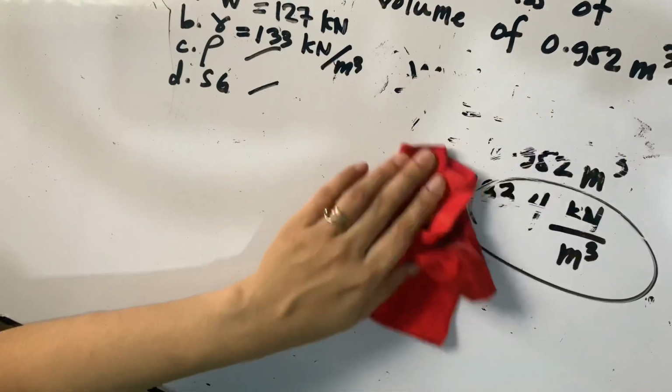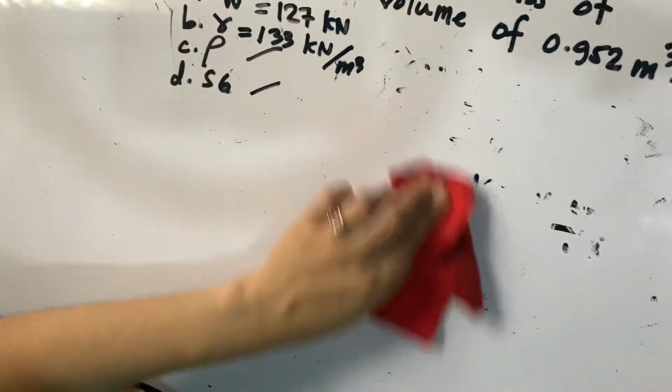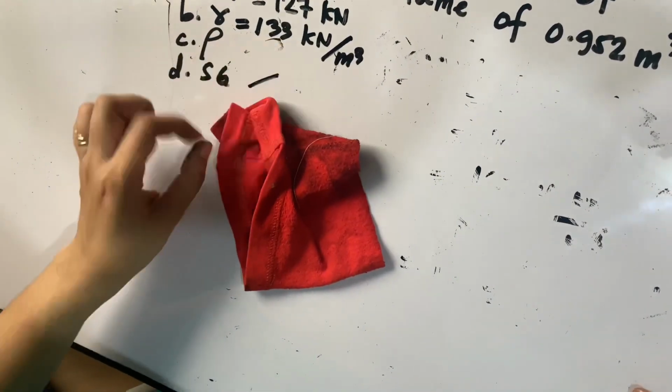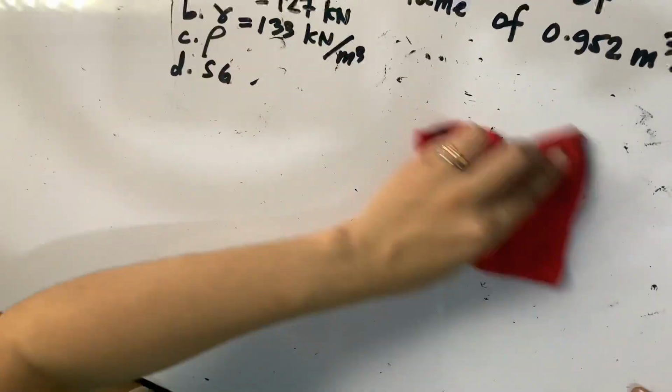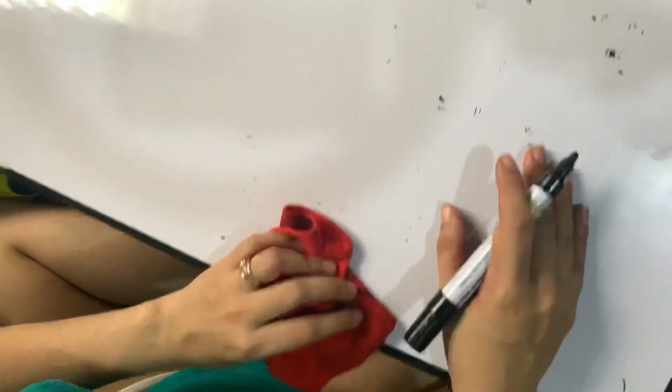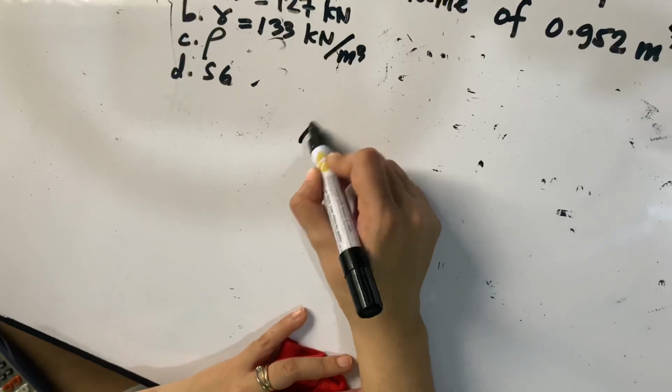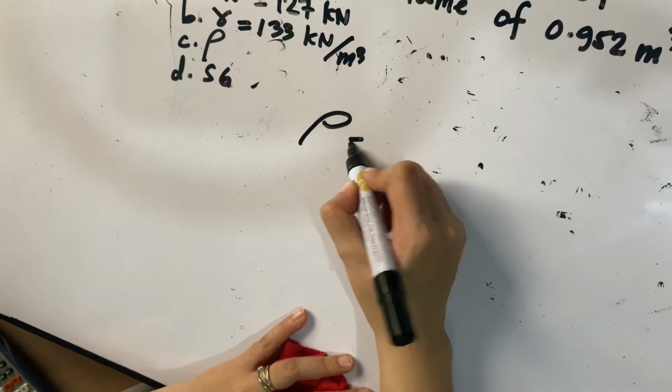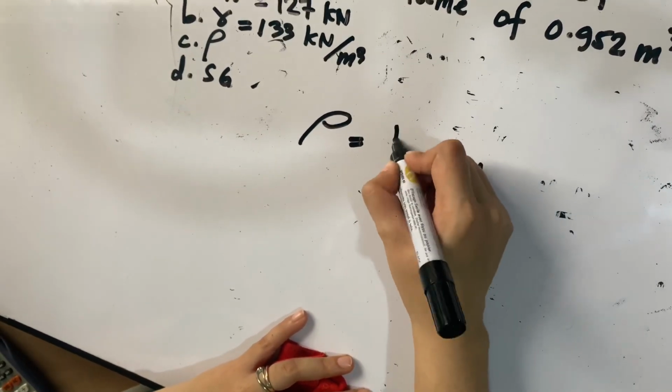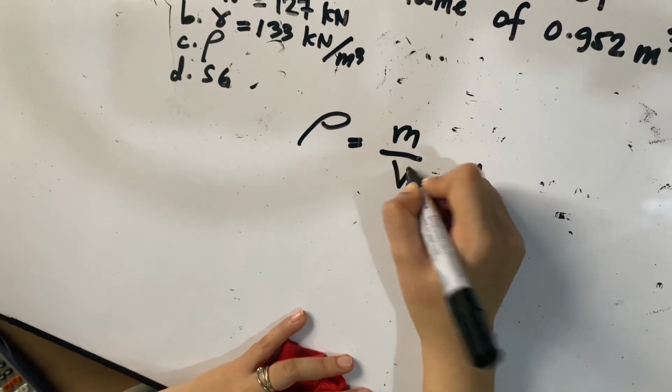Now let's solve for the density. Density is equal to mass over volume.